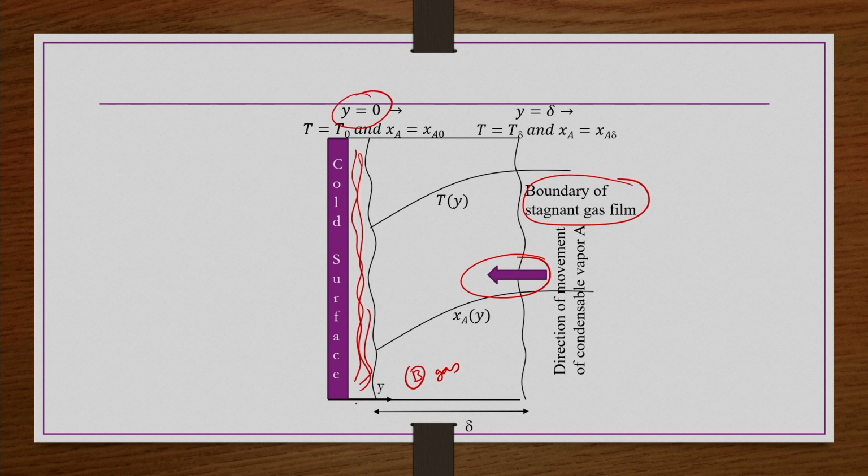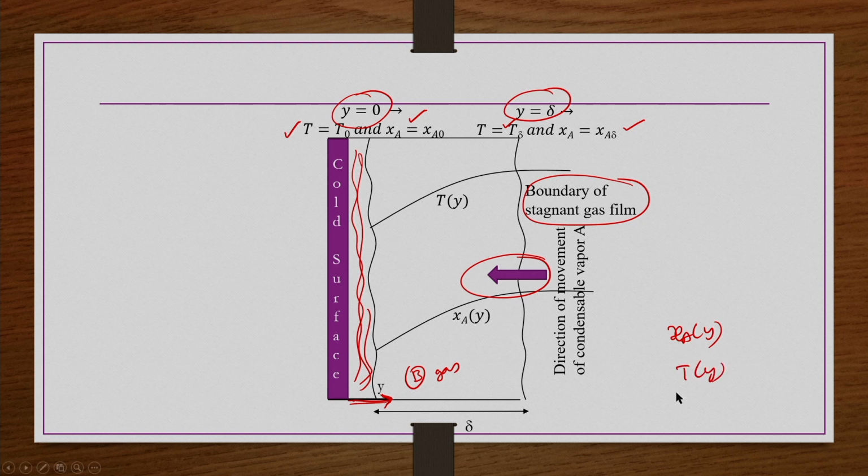Fine. The coordinate system is taken such that the direction in which the change in concentration or temperature occurs is y. Film thickness is delta. So, at y equals 0, T is T naught and Xa is Xa naught. At y equals delta, T is T delta and Xa is Xa delta. So, for this case we are going to find out these two.